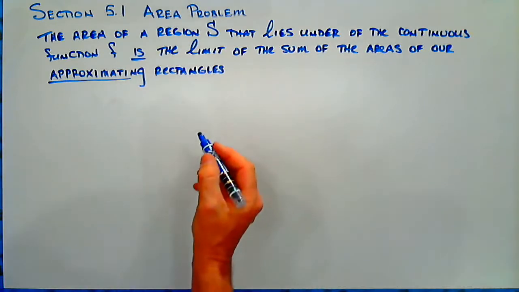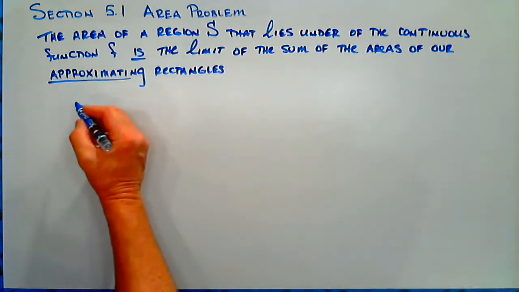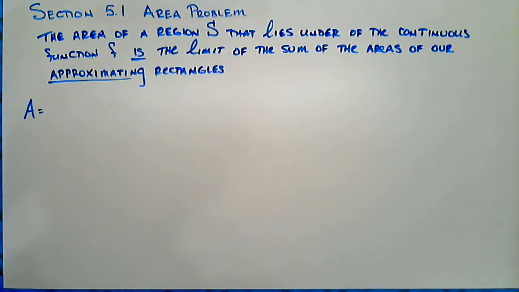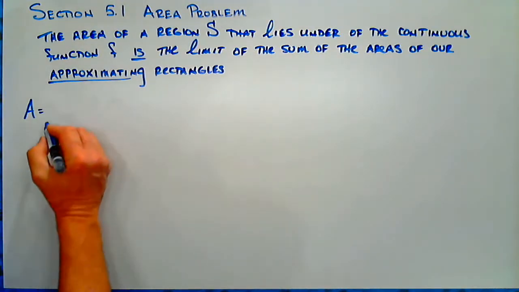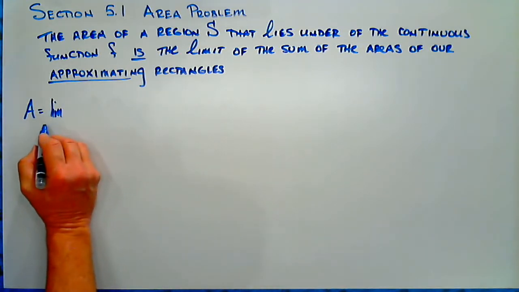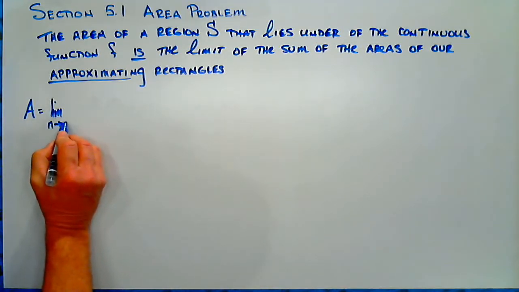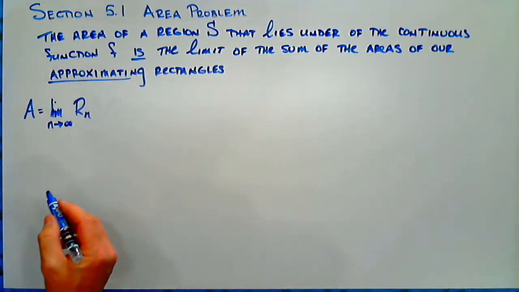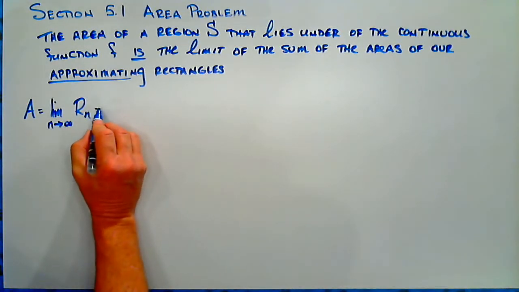Now, how are we going to write this? We're going to say, well, the area is, and we're just going to write the formula you and I wrote previously, but it's going to look a little more general now. It's the limit as n goes to infinity of R sub n. So what does this look like?